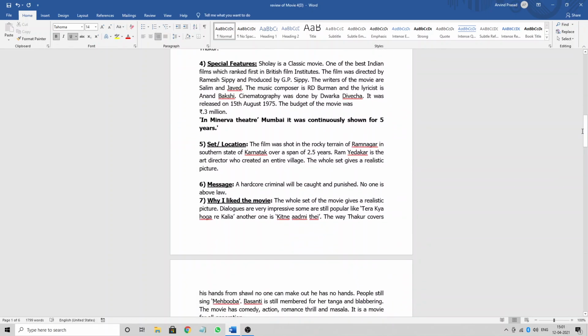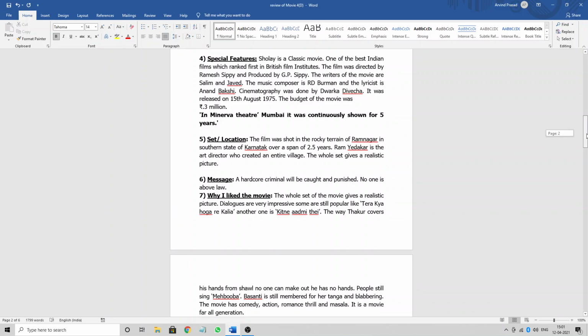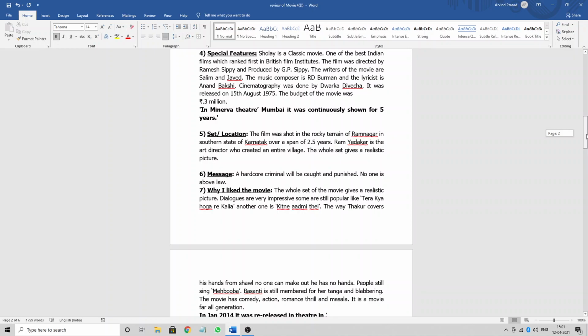The next I have written about the special features. They have also mentioned that in Minerva Theatre, Mumbai, it was continuously shown for 5 years. The next heading: setting, location, message, why I like the movie.